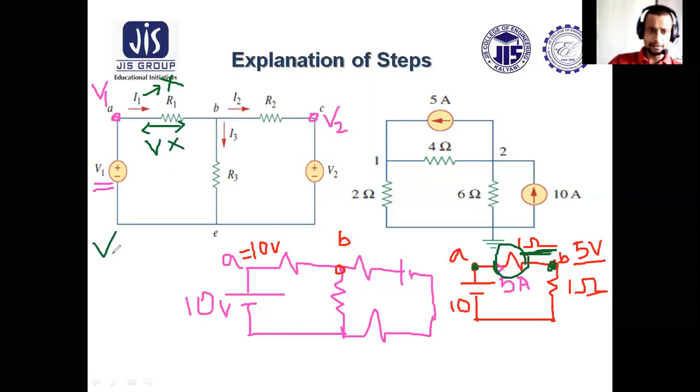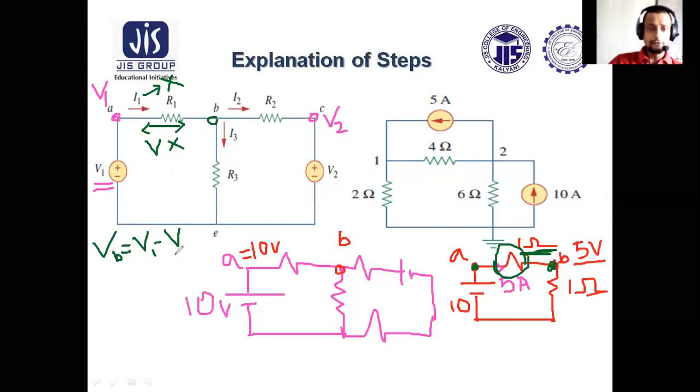Voltage at point B, VB, should be V1, as there was V1 volt initially, minus V, the voltage drop. So VB should be V1 minus V. The remaining voltage should appear here.